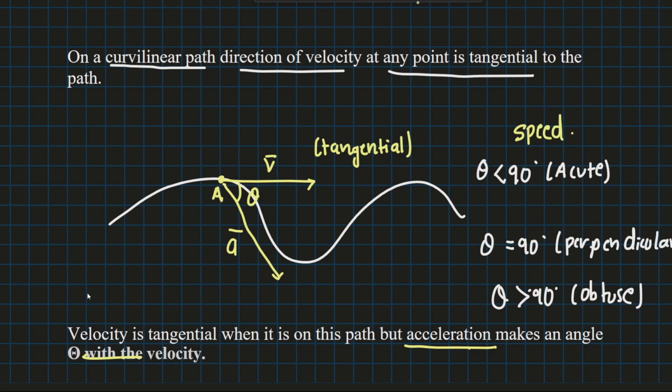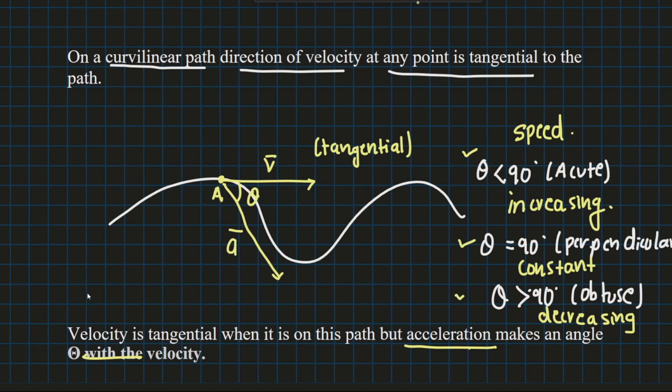When theta is less than 90, when it is acute, the speed is increasing. While theta is 90, we see that the speed is constant. While theta is greater than 90, the speed is decreasing. This is important to remember.